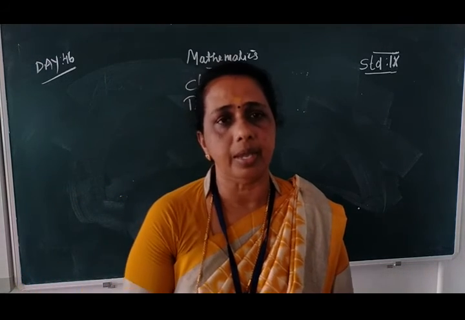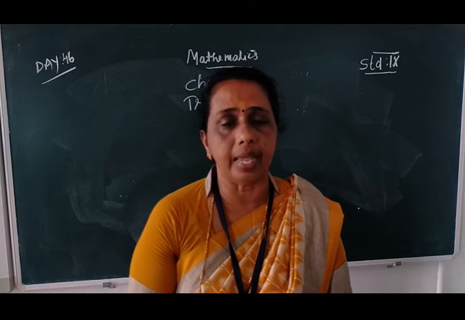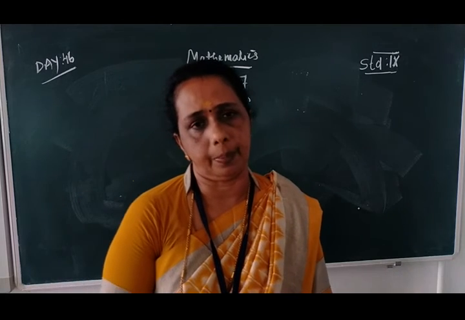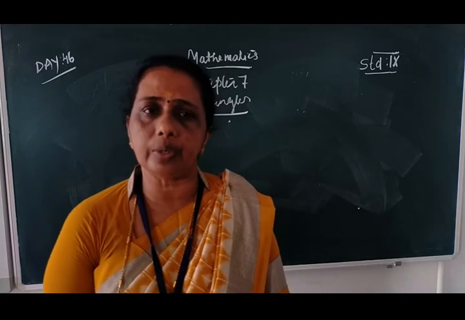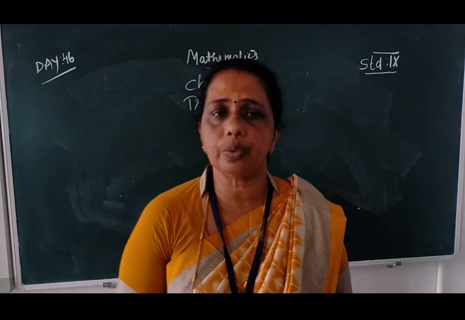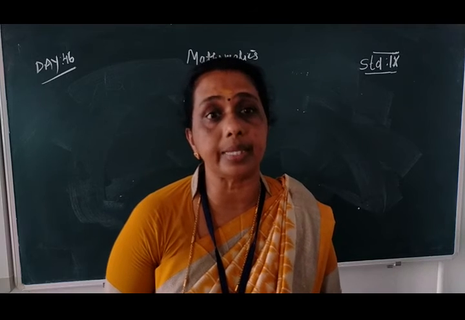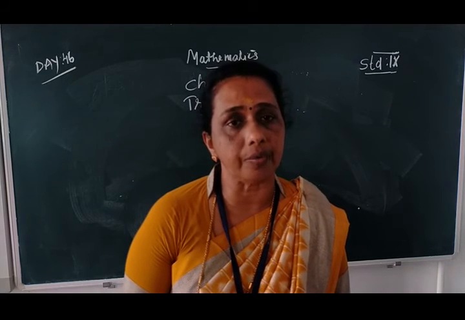Congruent figures have the same shape and same size and are equal in all respects. If two triangles are congruent, their angles are equal and their sides are equal.